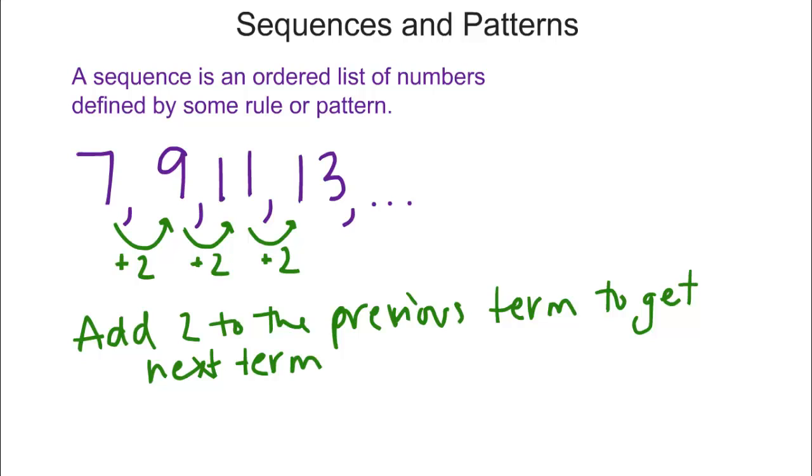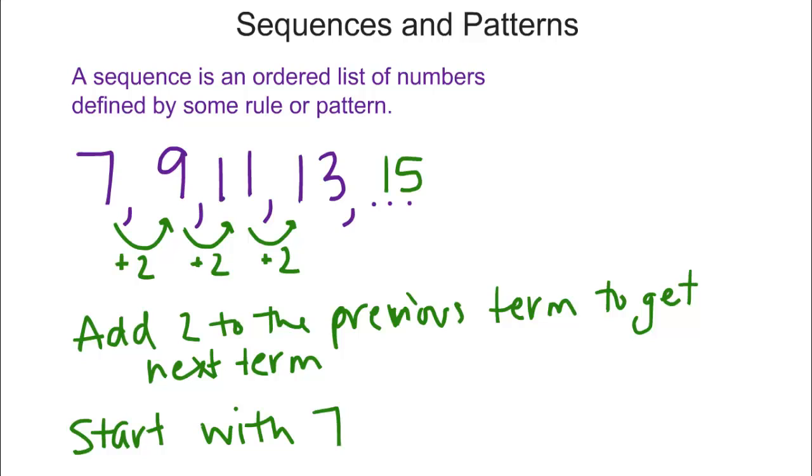Well, it's part of it, but you have to also tell them where to start. Start with 7. Okay, so now we can generate the whole sequence. Start with 7, and then add 2 to the previous term to get the next term. So if we were going to fill in the next term, it would be 13 plus 2, which is 15.